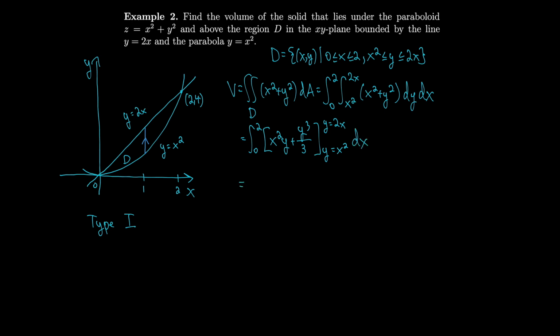And that's equal to the integral from 0 to 2 of x squared times 2x, plugging in for y now, plus 2x cubed over 3 minus x squared times x squared minus x squared cubed over 3.